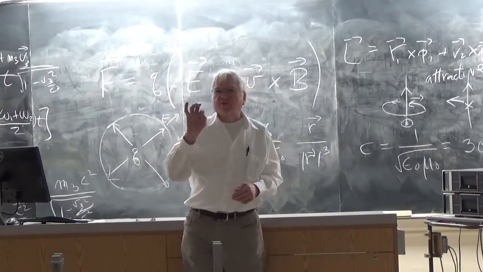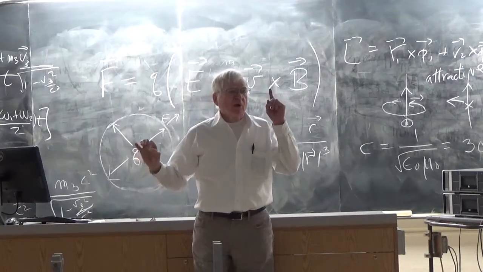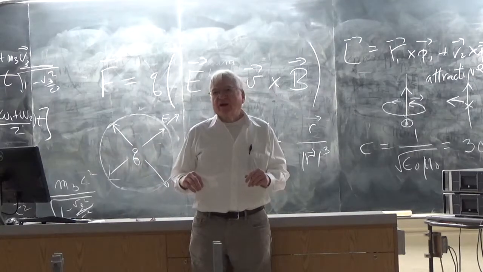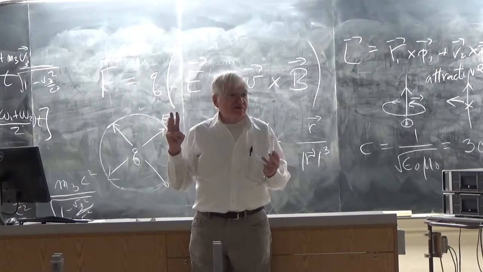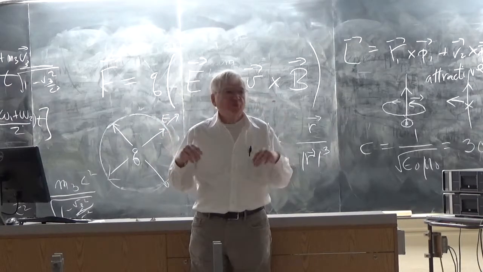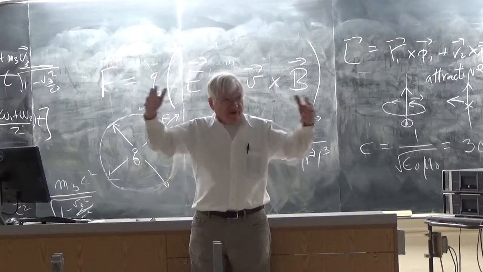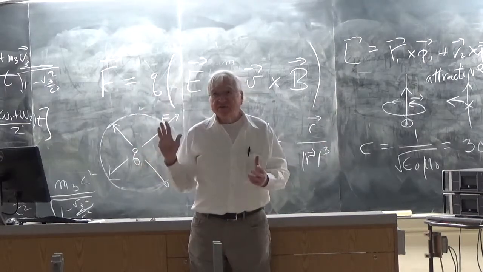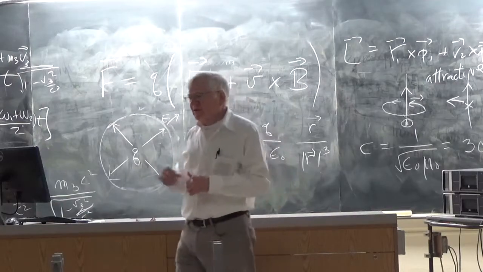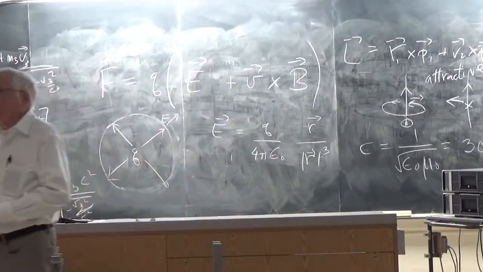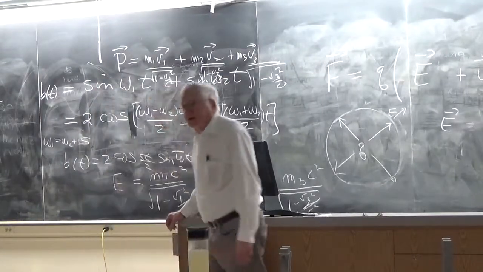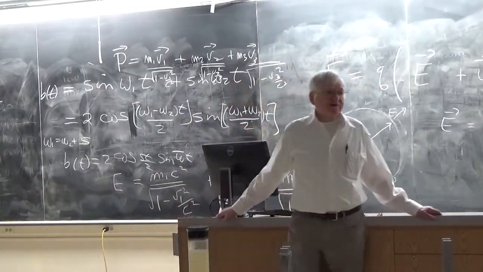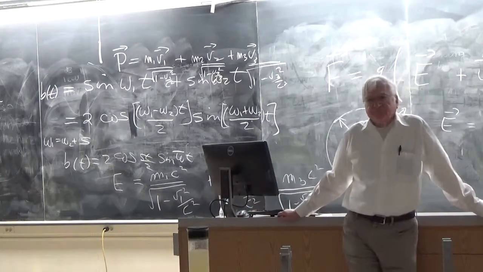A single particle moving in 1 dimension, 1 degree of freedom. 1 particle moving in 3 dimensions, 3 degrees of freedom. 2 particles moving in 3-dimensional space, 6 degrees of freedom. So basically the 2-body problem you can solve because you've got 7 conserved quantities: energy, momentum, and angular momentum.